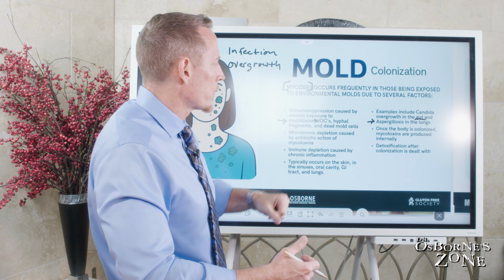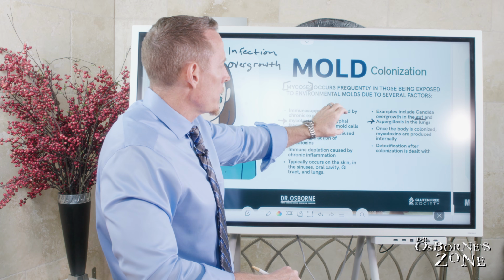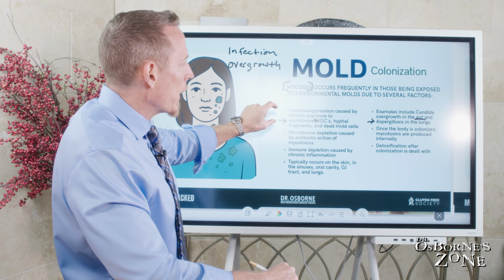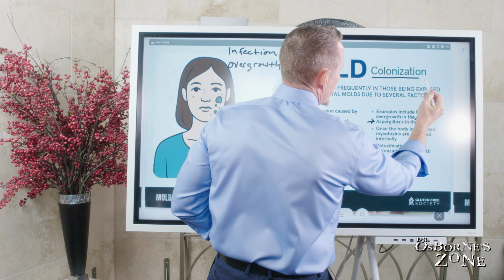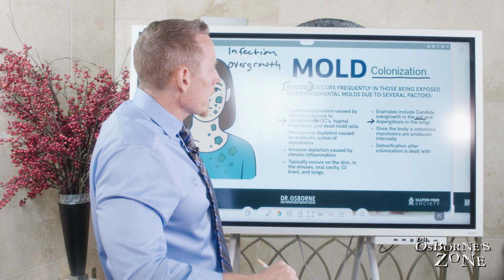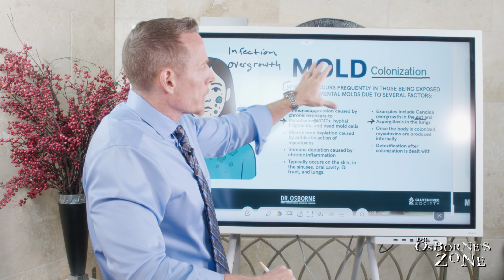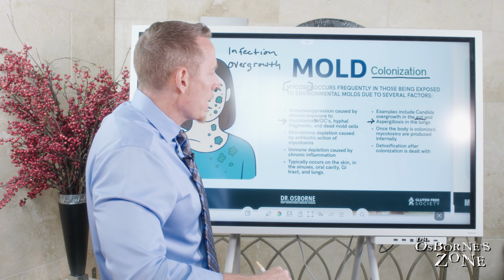Mycotoxins, VOCs, hyphal fragments, and dead mold cells. These things contribute to immunosuppression. Immunosuppression increases the risk of colonization. So when your immune system is not capable of behaving in a strong manner, it's not going to fight mold from colonizing on your body as effectively, and so you're at greater risk for this to happen.